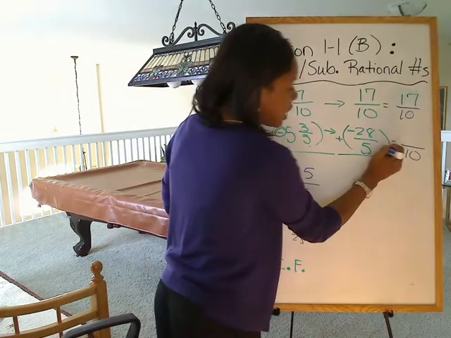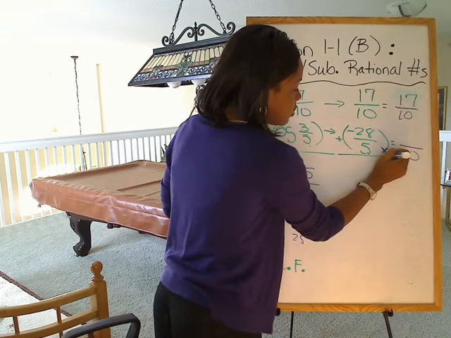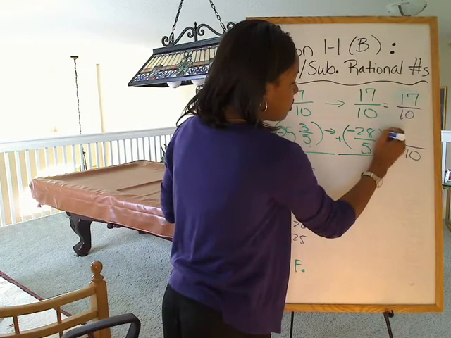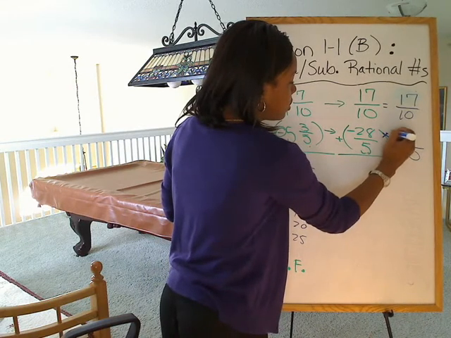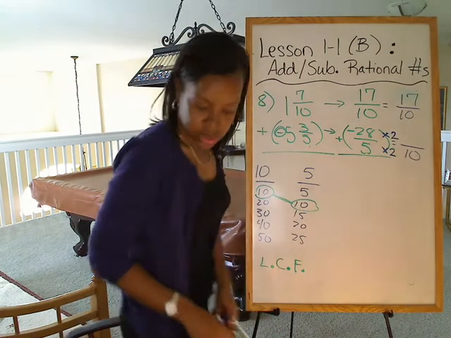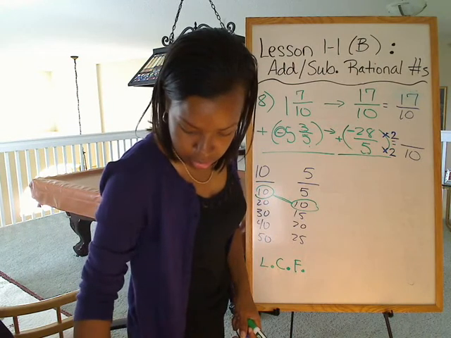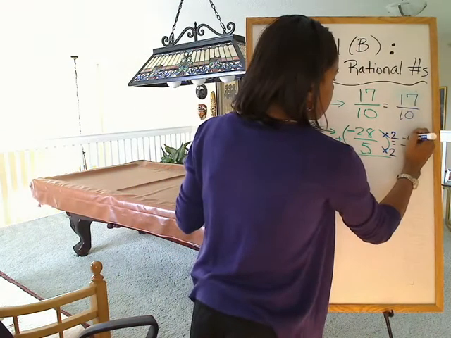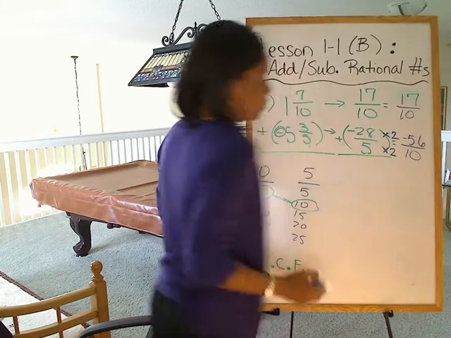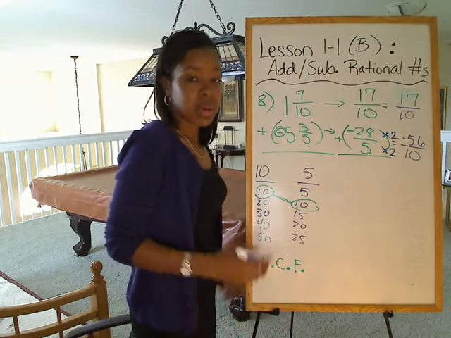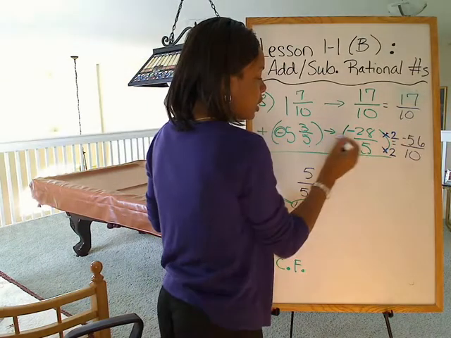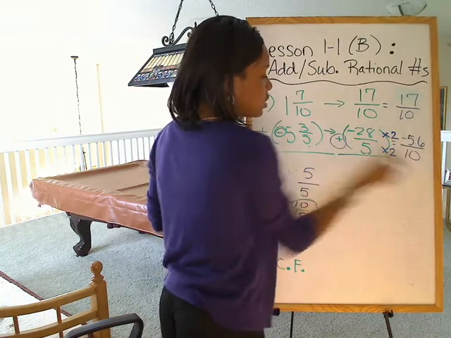So if I multiply the 5 by 2, I have to multiply negative 28 by 2, which is negative 56. Okay? So now my question is 17 over 10 plus negative 56 over 10.